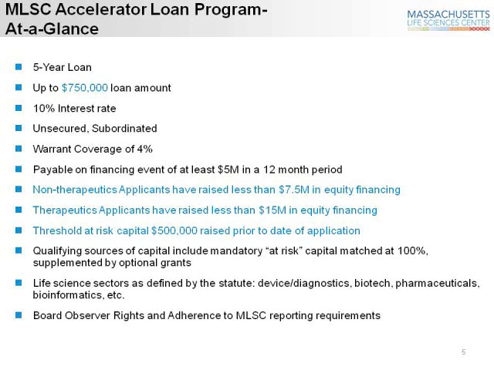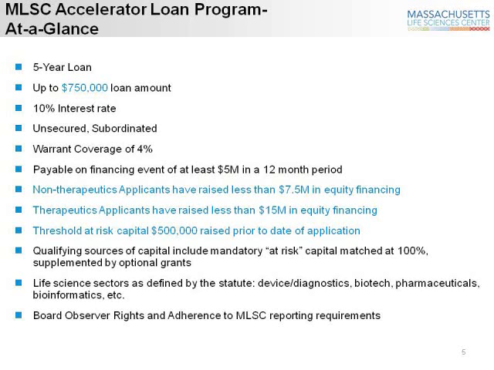There is a minimum threshold of at-risk capital that all applicants must have raised prior to the date of application, which is February the 5th, 2016. And that threshold at-risk amount is $500,000. Qualifying sources of capital include mandatory at-risk capital, which is matched at 100%, and we do allow you to supplement that amount by grants.